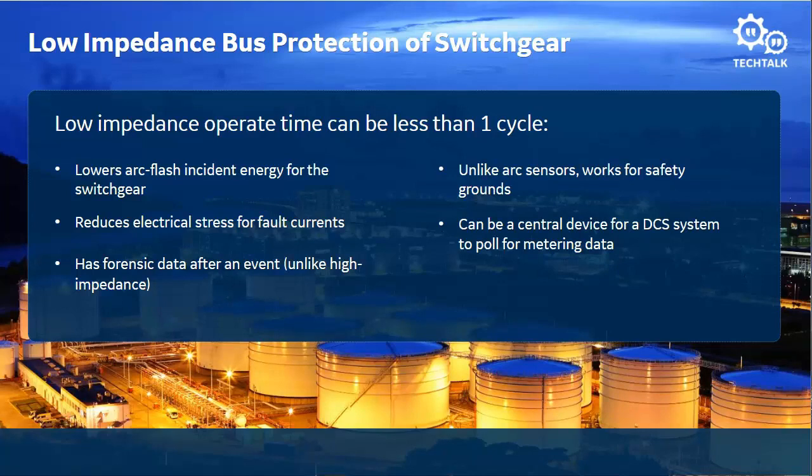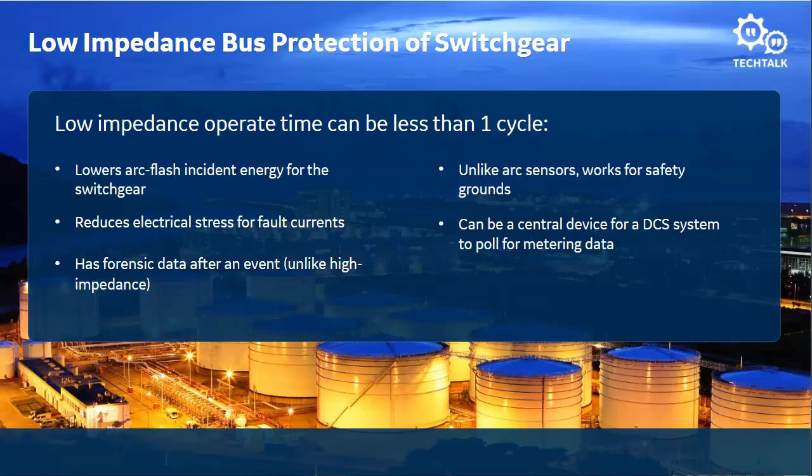You still have a 3-cycle or a 5-cycle breaker behind that for your total arc flash clearing time. I want to point that out. But operating in one cycle is a lot better than a traditional time overcurrent where you might be into the seconds.